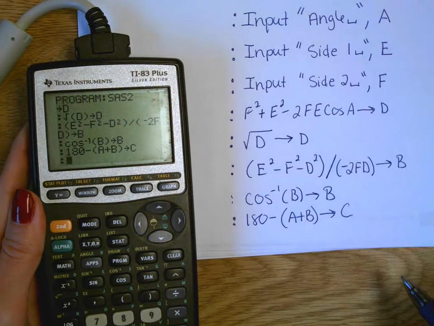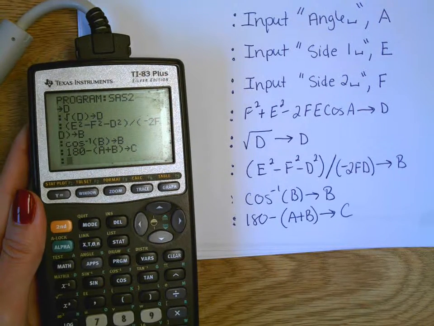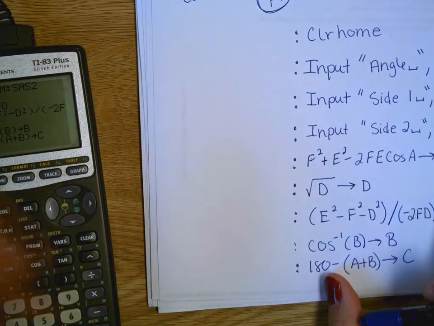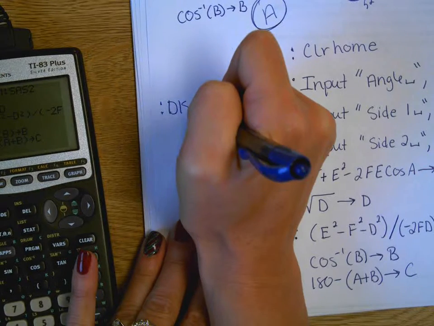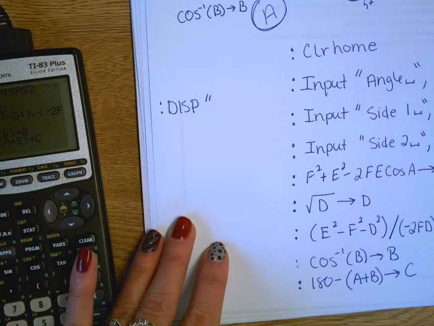Okay, now you want your program to display those 3 answers and indicate whether those are sides or angles. So we'll write those 3 answers out. Disp. And it doesn't matter what order you give them back in.